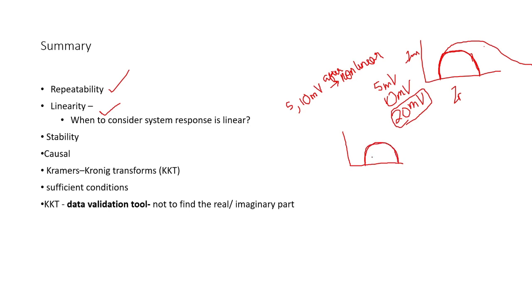It might not be completely reproducible, but within the noise limit I should get the same curve again. So I'll do an EIS once, wait a few minutes, assuming my system has come back to its original state, and do it again. If it gives me the same curve, I'm saying my system is stable. But that might not be possible with every system.